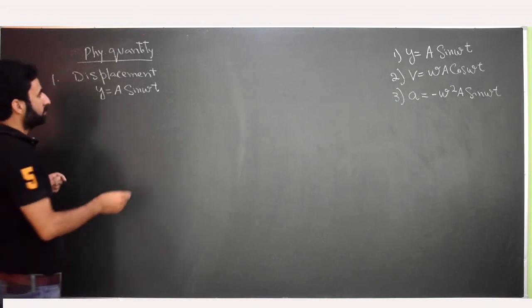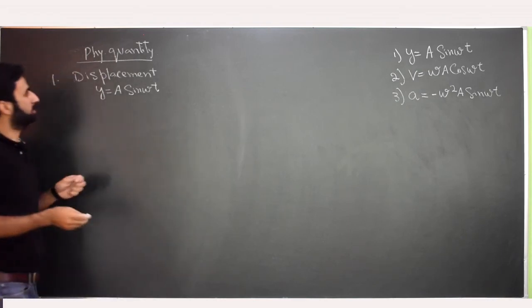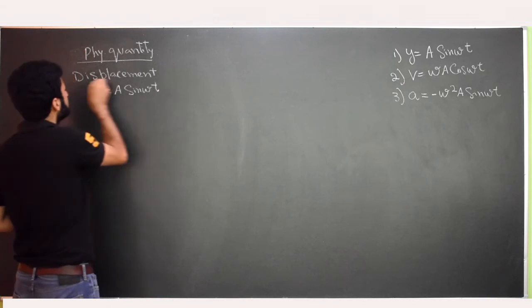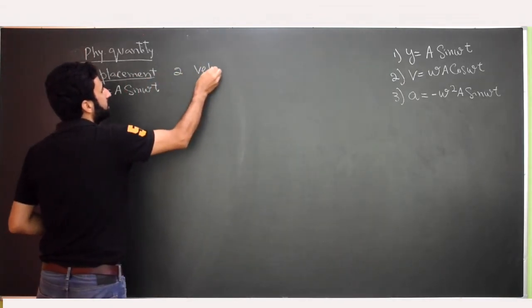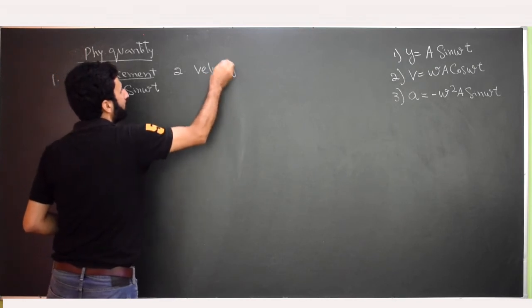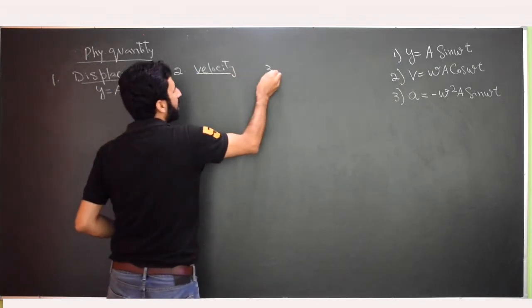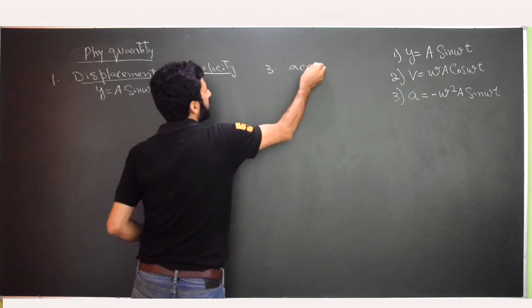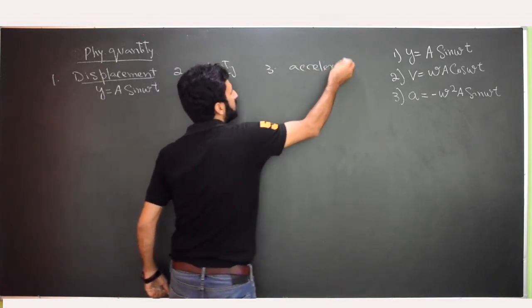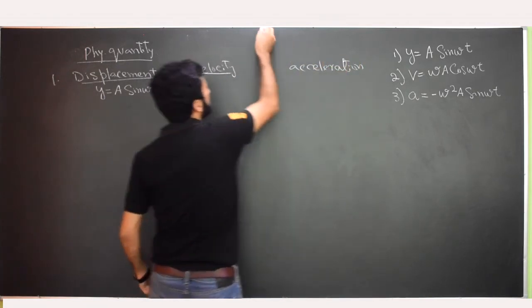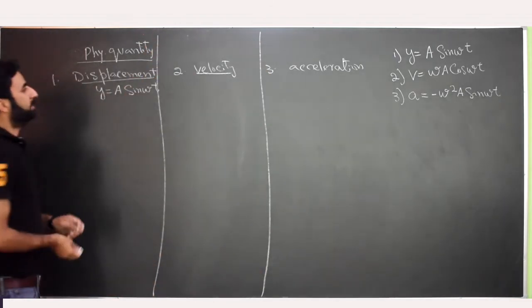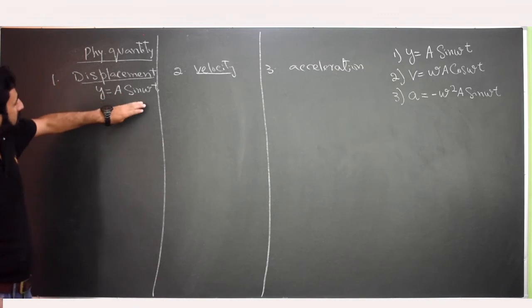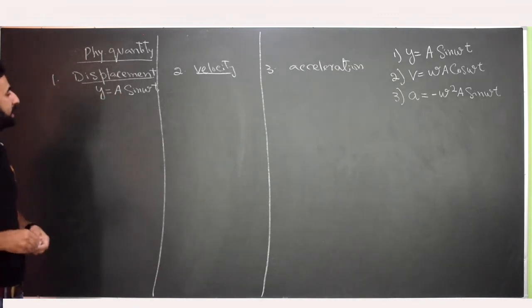Then second, we have velocity, and third we have acceleration. Now, in case of displacement, the equation is y is equal to A sine of omega t.